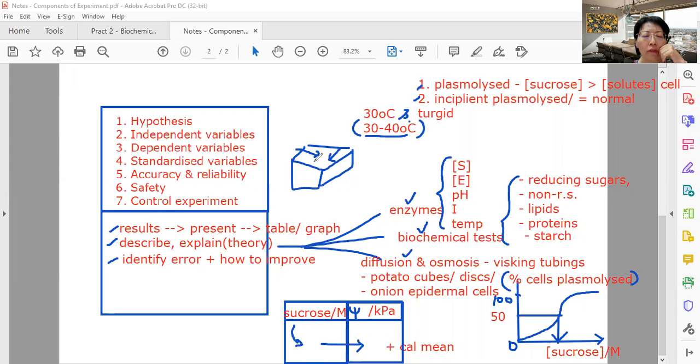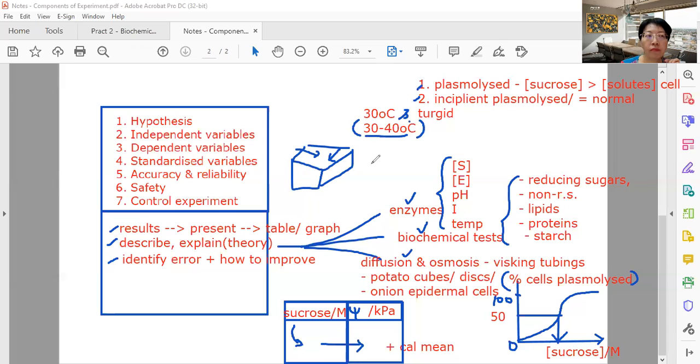So sometimes the change of color, especially the end part, where the final part of the color disappears, it's very difficult to determine exactly what is the time that the color totally disappears, because it's already very, very light. It turns from pink to lighter and lighter. So you do not know exactly what is the time for the end point where the last bit of the pink color disappears. And this will always be the significant source of error when you need to determine the timing when a color disappears or changes. That one is very difficult to determine. So that's always the significant source of error.